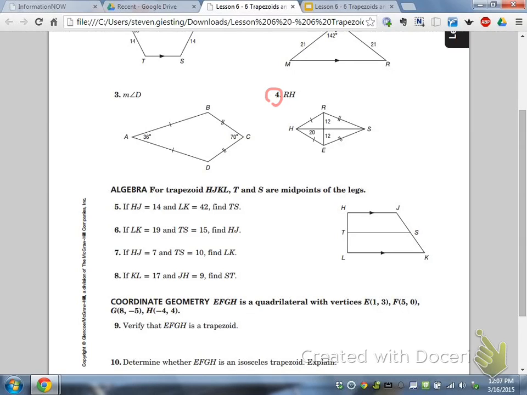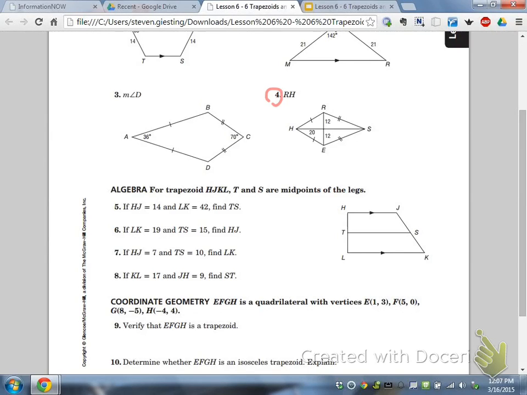How long is side RH? Is that 20 showing the side? 20 is showing the length from H to the intersection of the diagonals. No, it wouldn't be 20 because that's this part of it, and then 12 is this part.